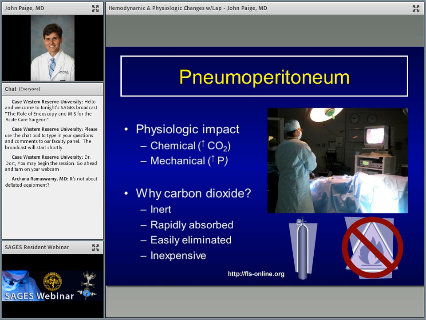The cardiovascular system also is impacted by the increase in intra-abdominal pressure. You get decreased blood flow to the heart because of the increased pressure on the vena cava, and you also have decreased flow from the legs because of the increased pressure on the vena cava.